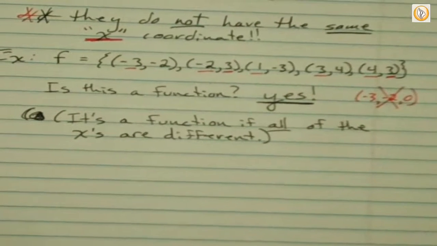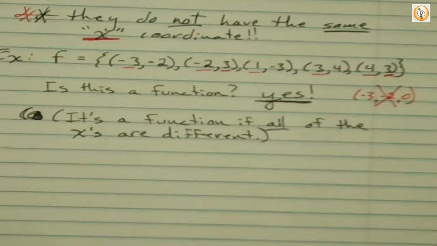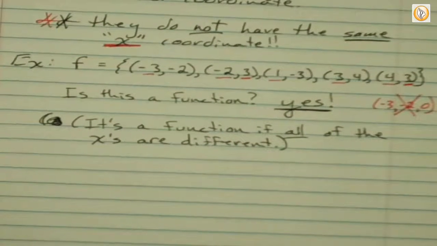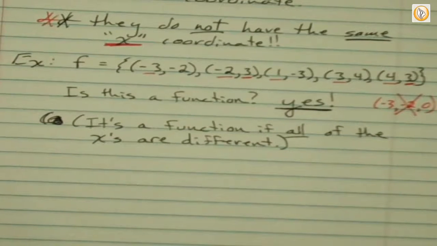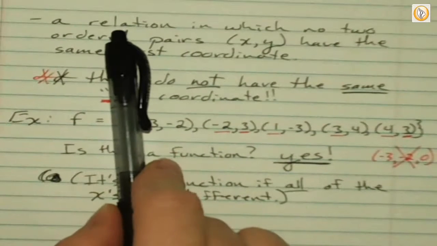If it was like Minecraft coordinates with an X and a Y and a Z, that would make it not a relation. Okay, can a function be a what's that word that starts with an R? Okay, it is a relation.